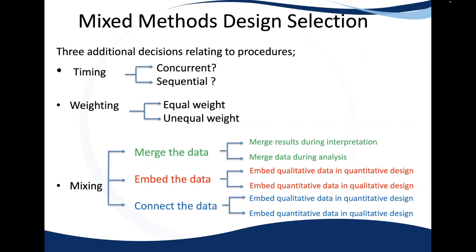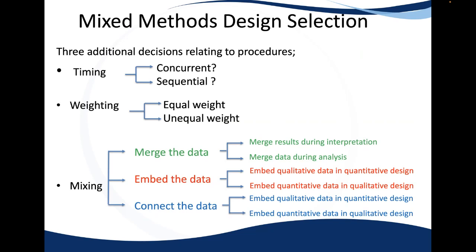So merging, as the word suggests, is that you have people who do a qualitative element of data collection and a quantitative element, and then when it's time to analyze the data or to do interpretations of what they see, they merge their analysis, they merge their interpretation. That is merged data in mixed methods research.